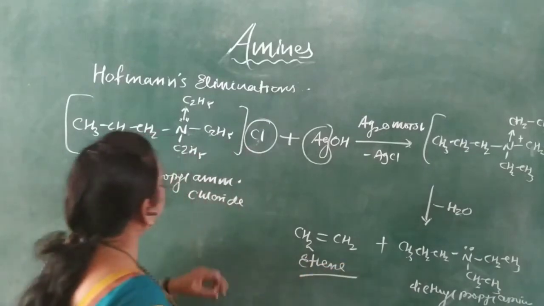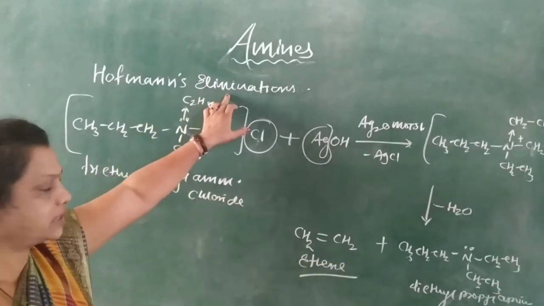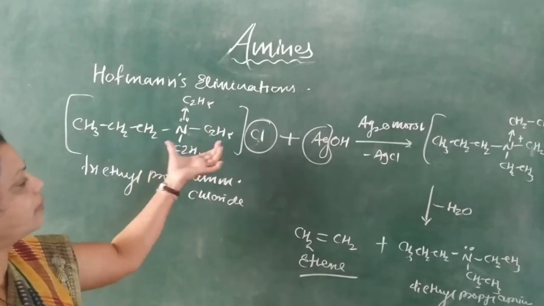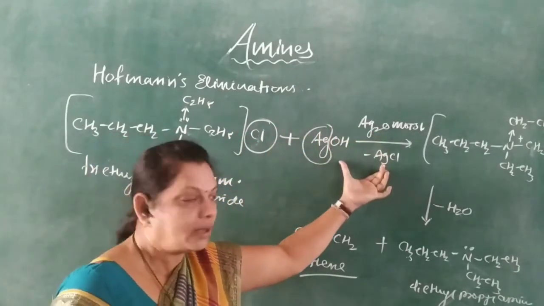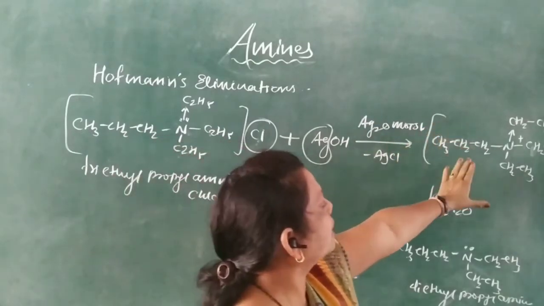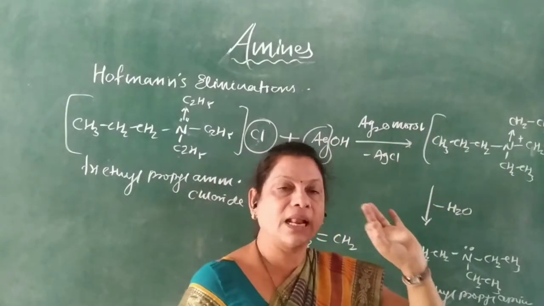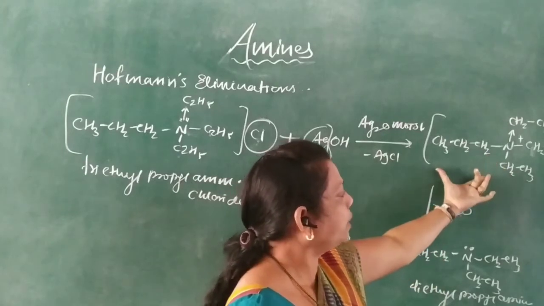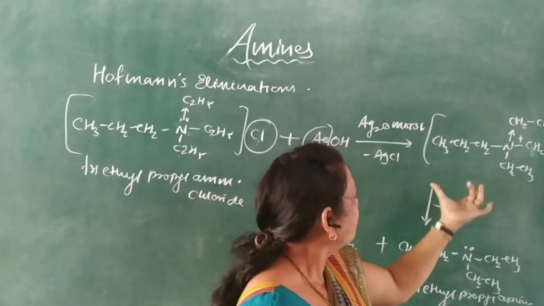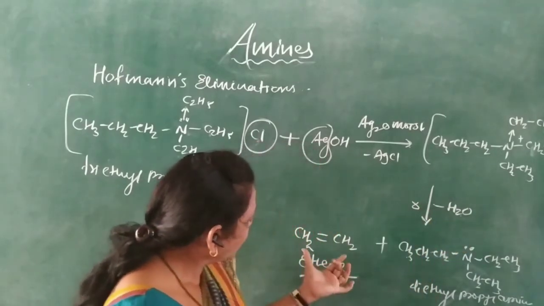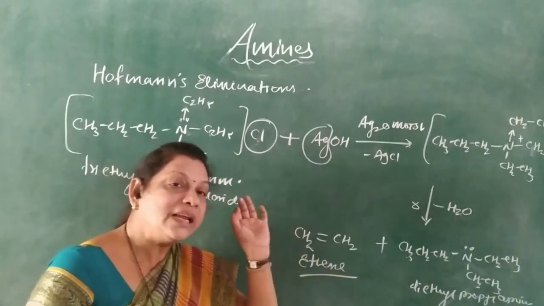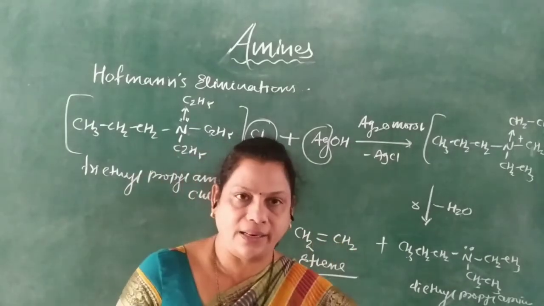Means in the Hofmann elimination reaction, when a quaternary ammonium chloride or halide reacts with moist silver oxide, it first forms a deliquescent crystalline solid, the quaternary ammonium hydroxide, which on heating loses a water molecule and forms the alkene with the least substituted alkyl group.